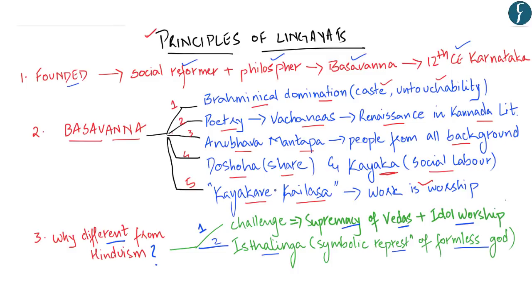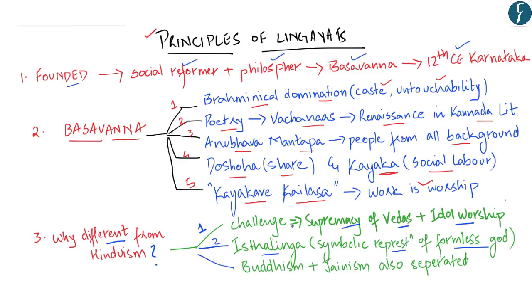Ishtalinga is based on a belief that the devotee is inherently a part of the Lord and that the individual Atma and the universal soul are nothing but one. Therefore, even though the Lingayats do worship Shiva, they say that the concept of Ishtalinga, which was prescribed by Basavana, cannot be equated to the Hindu way of life.